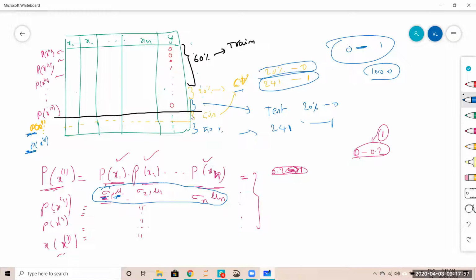All the probabilities: for the 20% records you have got probabilities, for the 241 records you have got probabilities, right? You take 0.001 as one probability and see if the 241 records are less than that and the 20% records are greater than or equal to this, or maybe the other way around: the 20% records are less, and these 241 records are greater than or equal to 0.001.